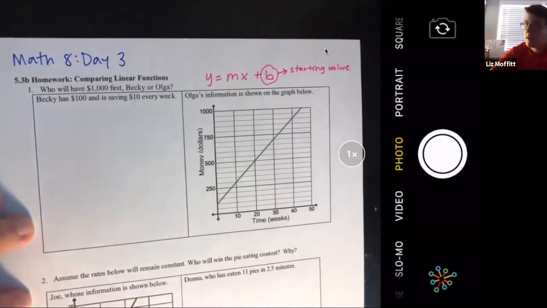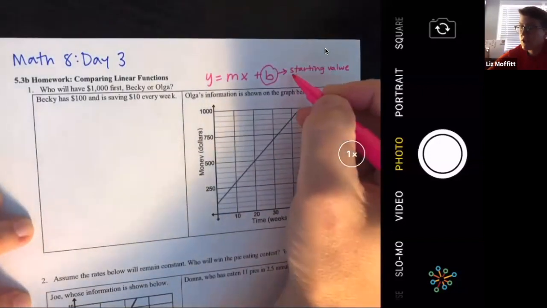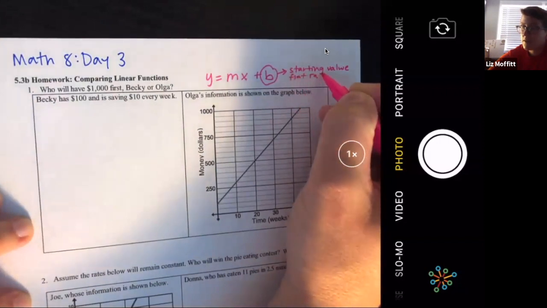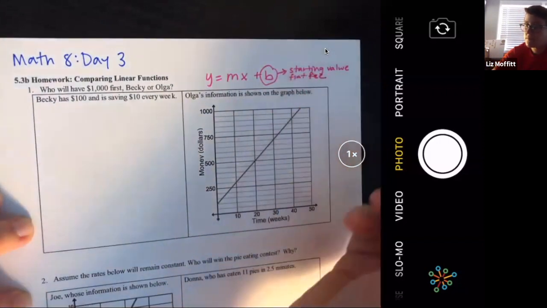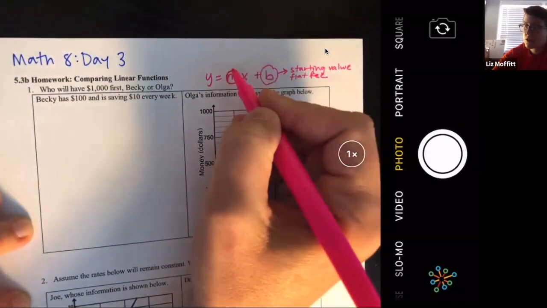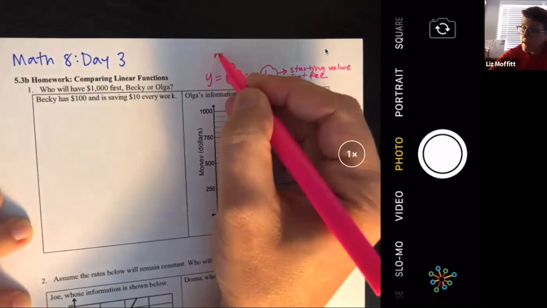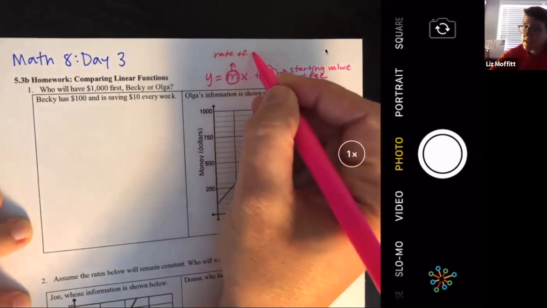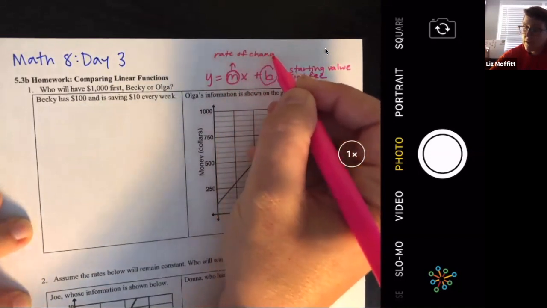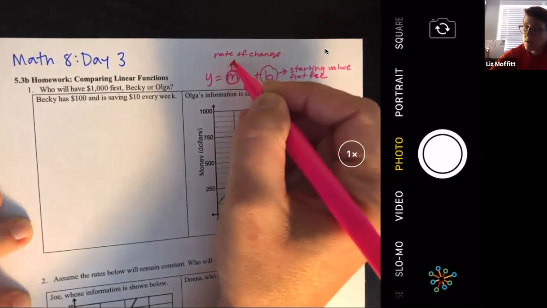There we go. That b represents a starting value or an initial value or some sort of flat rate, flat fee. And the m is the slope. But in a word problem situation, it makes more sense to think of this as a rate of change. How is the problem scenario changing?